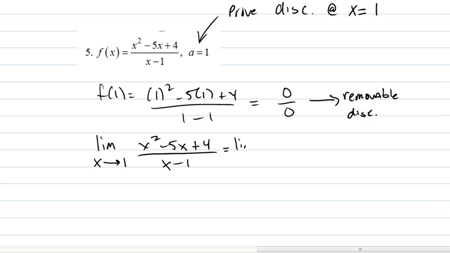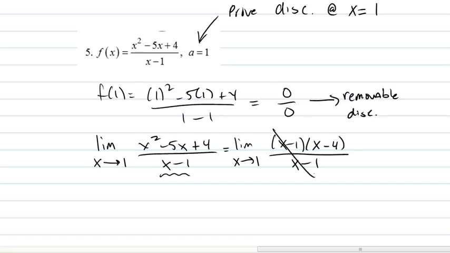I notice that I have a quadratic on top, and it seems factorable, so I'm going to say x minus 1 and x minus 4. A big hint is that any time you know a quadratic is factorable, the bottom factor will always be a top factor as well. A lot of times on the AP exam, they'll give you something like that. They're not going to give you anything you cannot compute algebraically if it's non-calculator.